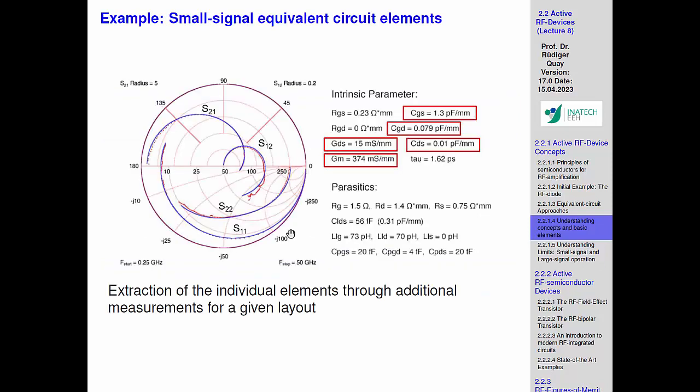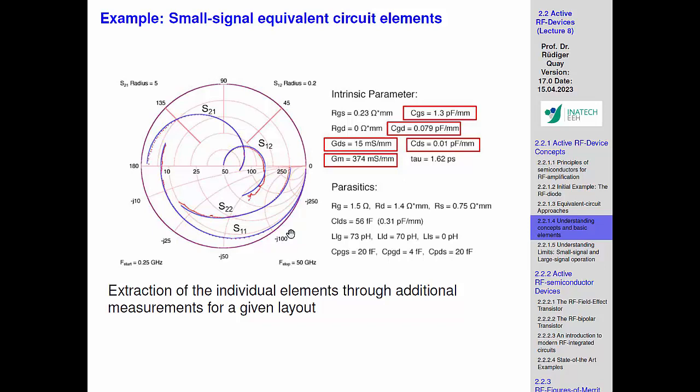And here you see some values just to give you a flavor of what you are getting for a microwave FET. So the CGS is in the picofarad regime, so 10 to the minus 12. And a modern MOSFET would have 10 to the minus 15. So in a modern MOSFET, we would talk about femtofarad.